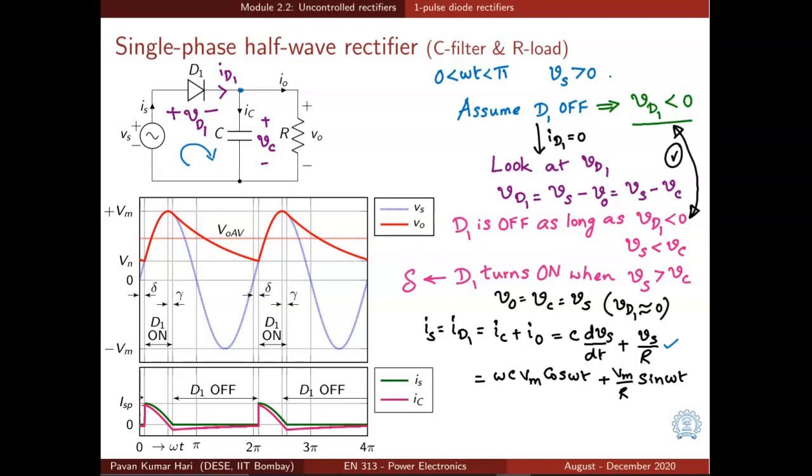And we know Vs is equal to Vm sin omega t. So we can express the source current as omega C Vm cos omega t plus Vm by R sin omega t. Based on this expression, we can say that the current Is or ID1 starts falling from a peak value ISP as soon as the diode starts conducting, and it goes on for some time.